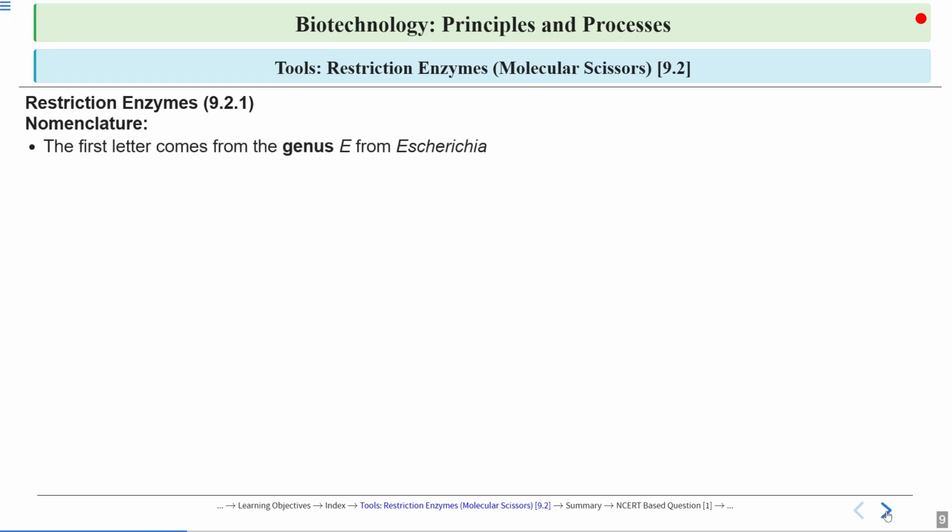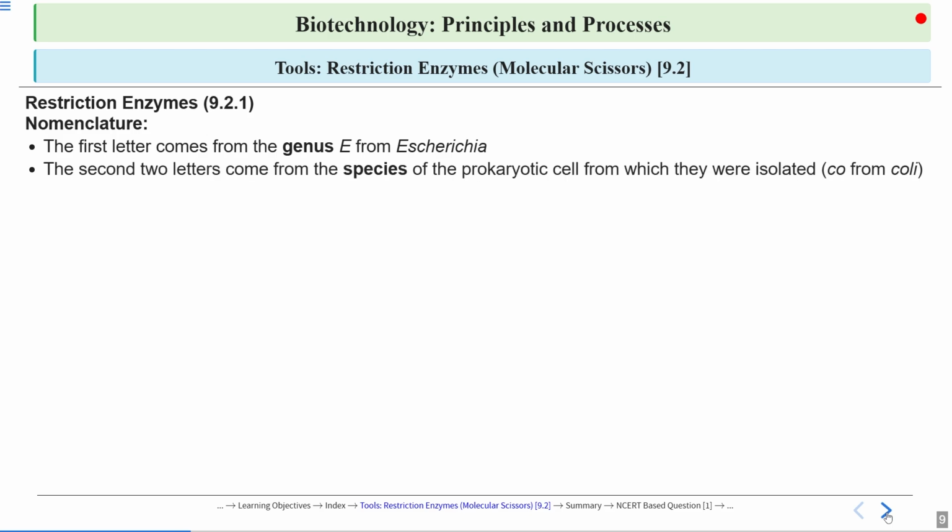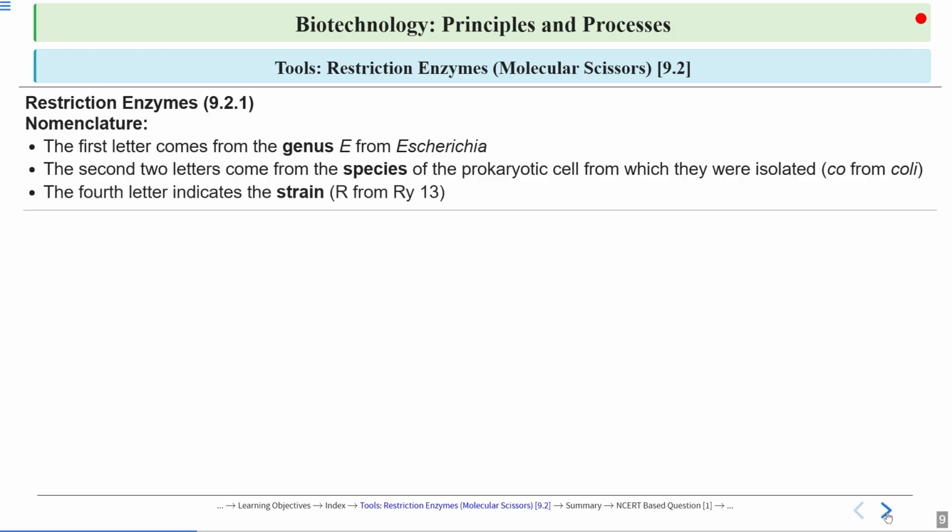So for EcoR1, the first letter E comes from the genus, that is E from Escherichia. The second 2 letters come from the species of the prokaryotic cells from which they are isolated, that is coli. That is why we write E and CO. The fourth letter indicates the strain from which they have been taken.